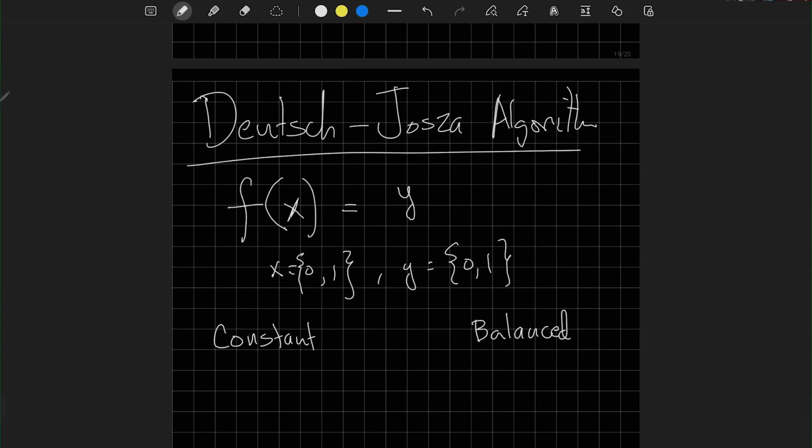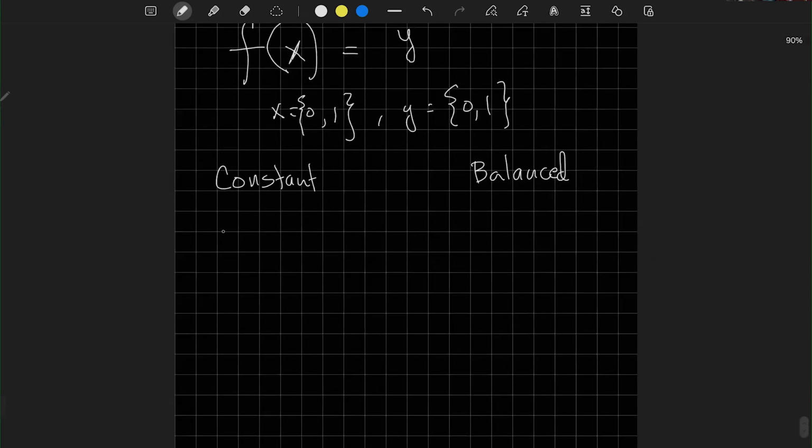What does it mean? For a constant function, f of 0 is equal to f of 1. This is a constant function, and it could be either 0 or 1. The value of the function would be 0 or 1, but it's equal for the two inputs. And a balanced function is when f of 0 is not equal to f of 1.